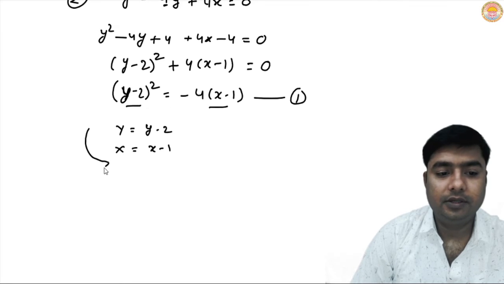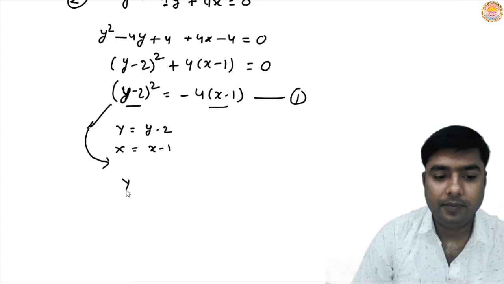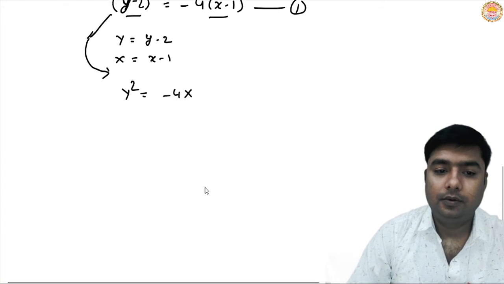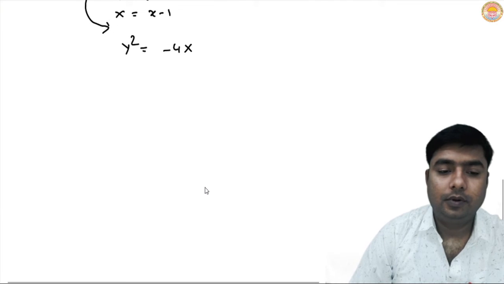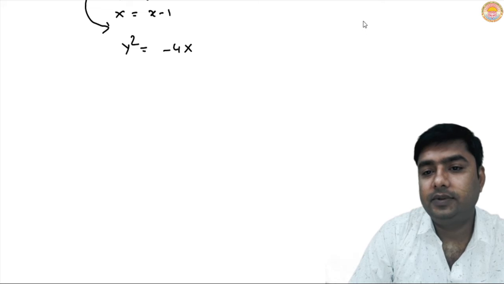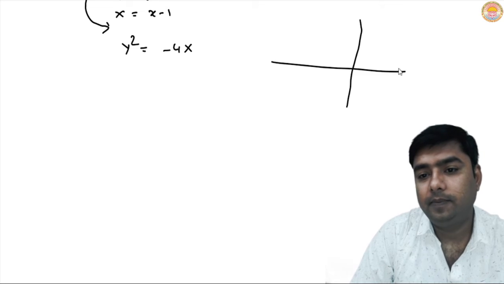So this equation is converted into the form capital Y square equals minus 4 capital X. We know that this parabola is along the negative x-axis, that's why this is a left-handed parabola.